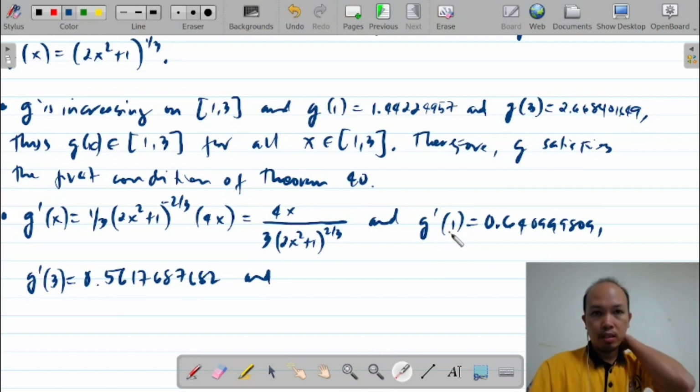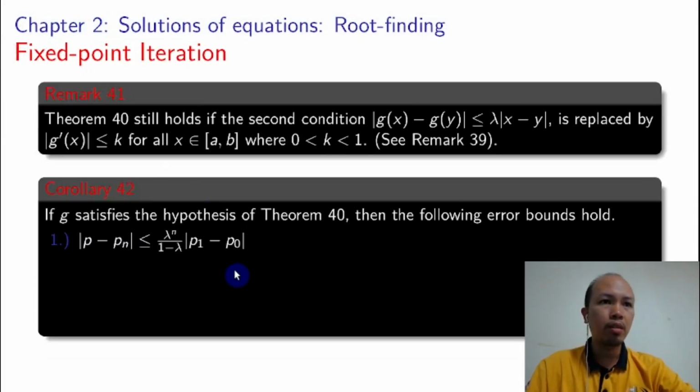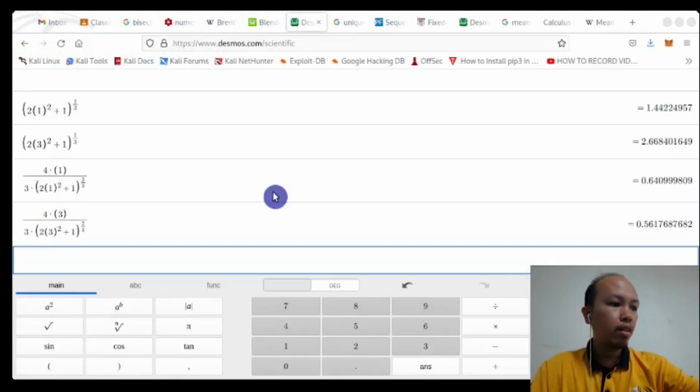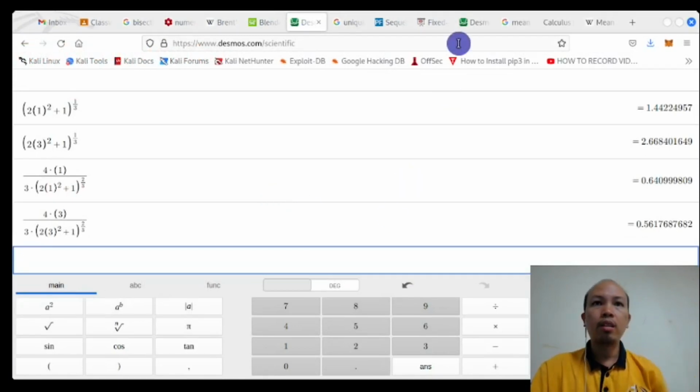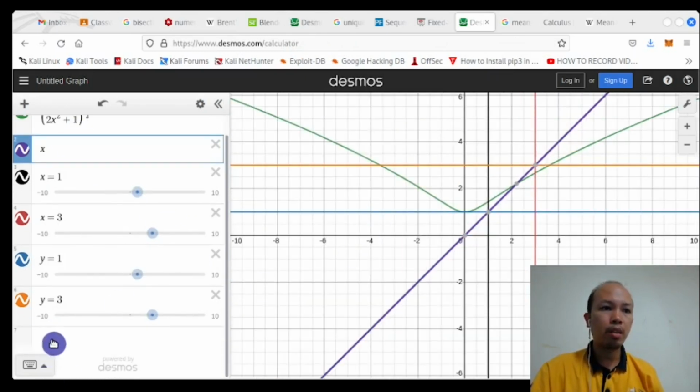Okay, so if you go to remark 41, the choice of k will depend on the highest value of the first derivative evaluated at these points in the closed interval AB. So let's graph the derivative in this Desmos graphing calculator.